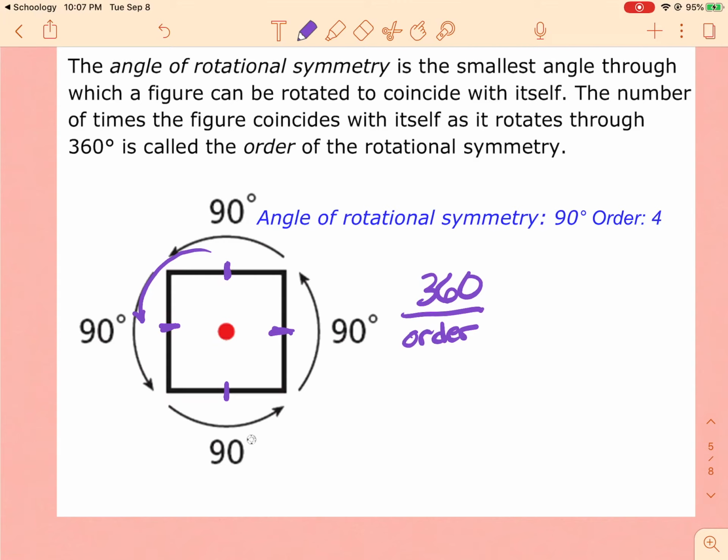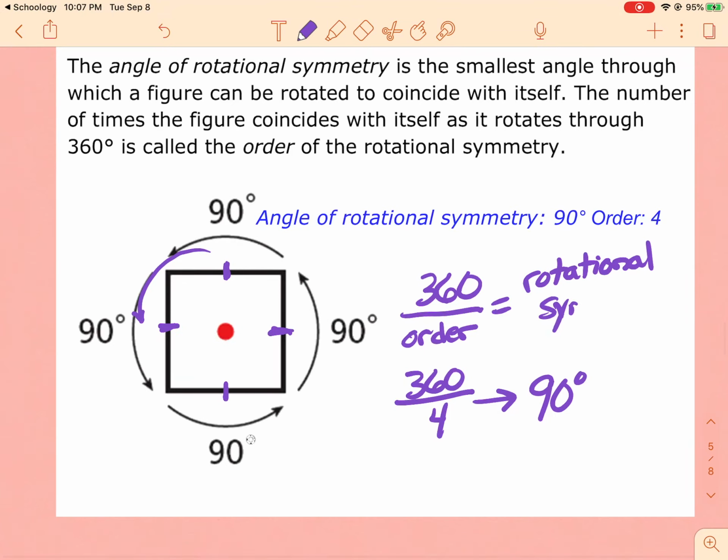Since it took 4 times to match up in order to get back to where it started, 360 divided by 4 gives us 90 degrees. And that's going to be the angle of rotational symmetry.